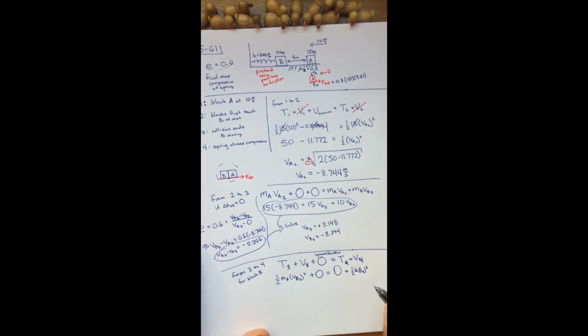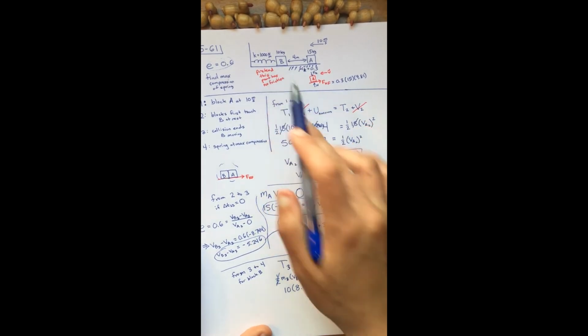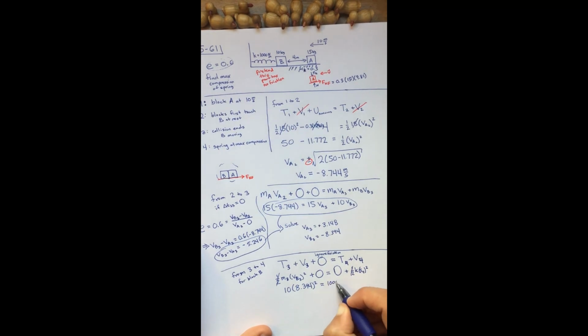So now hopefully we can just plug numbers in and find our answer. So the 1/2s cancel out. The mass of block B is 10. The velocity, I'm squaring it so it doesn't matter that it's negative, and I have 8.394 squared is equal to k. k is 1,000. So this is 1,000 times S4 squared.